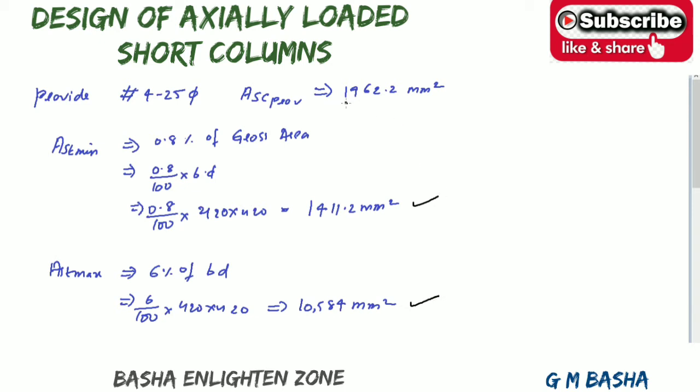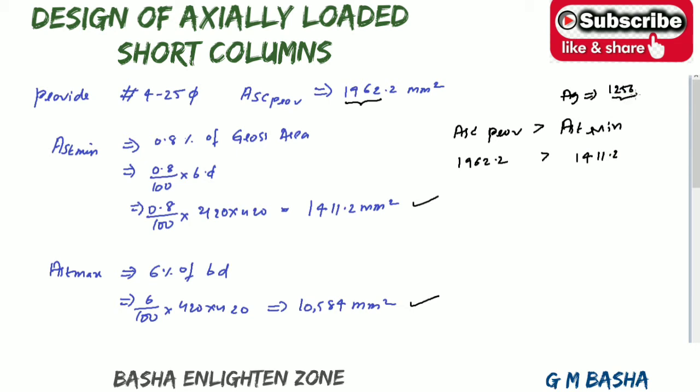But we are providing a value which is greater than the minimum. Therefore, the area of the steel we are providing is greater than the minimum area of the steel. So it is in safe limits only, that is 1962.2 mm square against 1411.2 mm square. In some cases, based on the gross cross-sectional area, you will get the area of the steel lesser, like 1256.